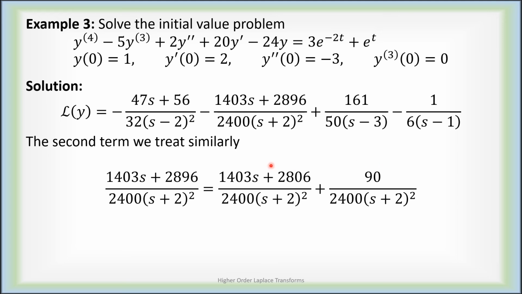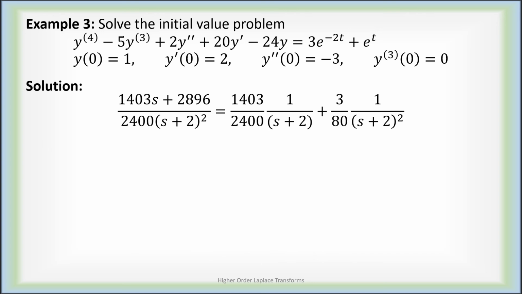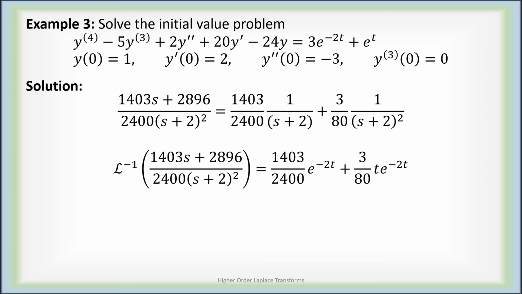So now this first term, I can cancel an s plus 2 out from that denominator, leaving behind 1403 over 2400 times 1 over s plus 2, and then I'm going to have 3 over 80 times 1 over s plus 2 squared. So having written the second term in a slightly simpler way, now we'll take an inverse Laplace transform. Okay, so the inverse Laplace transform of this is just 1403 over 2400 e to the minus 2t plus 3/80ths t e to the minus 2t.